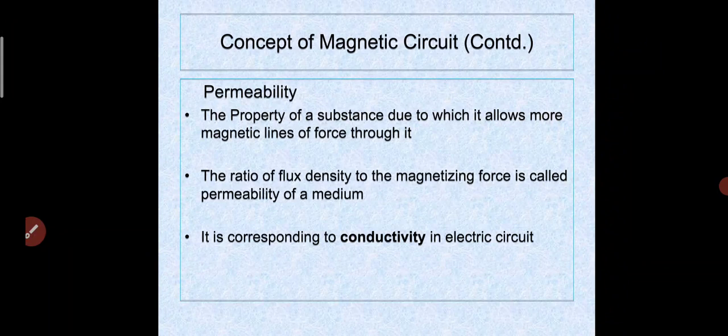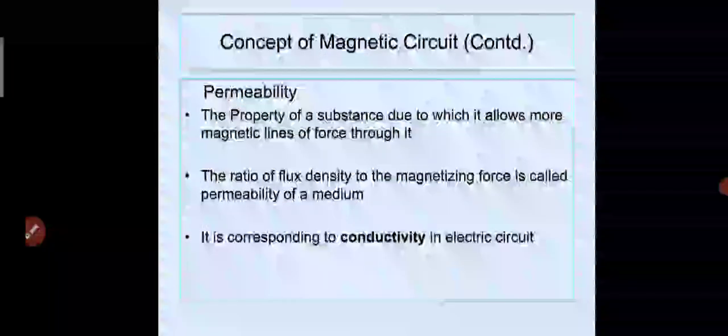Next topic is permeability. The first point, the property of a substance due to which it allows more magnetic lines of force through it.